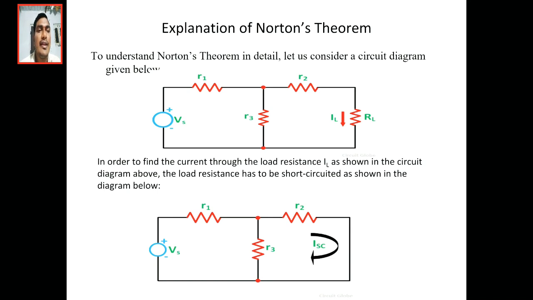We have to find the current through the short-circuited path. That current is called short-circuit current or Norton's current. That short-circuit current is flowing through R2, so by using the current division rule we can find the current through R2. The current flowing through R2 is the Norton current or short-circuit current.